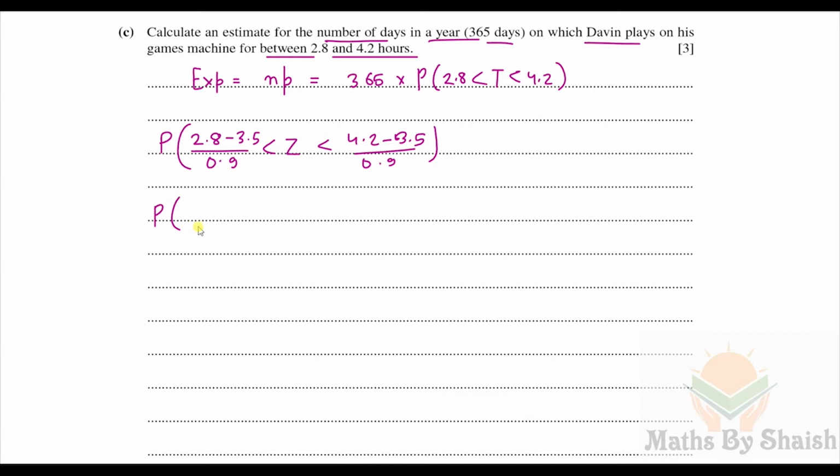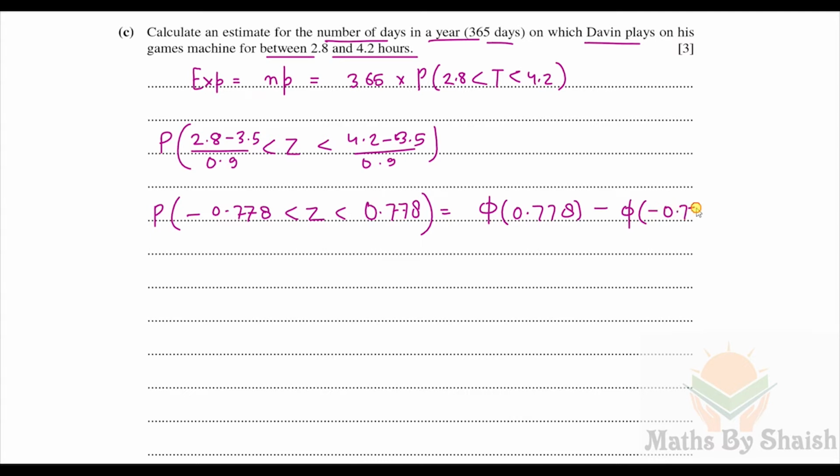The first value, which we have already calculated, was 0.777 and so on, so I write 0.778 for z less than this. For 4.2 minus 3.5 divided by 0.9, this value is positive, 0.778. Now this probability we will calculate as phi of the positive value 0.778 minus phi of the least value, minus 0.778.